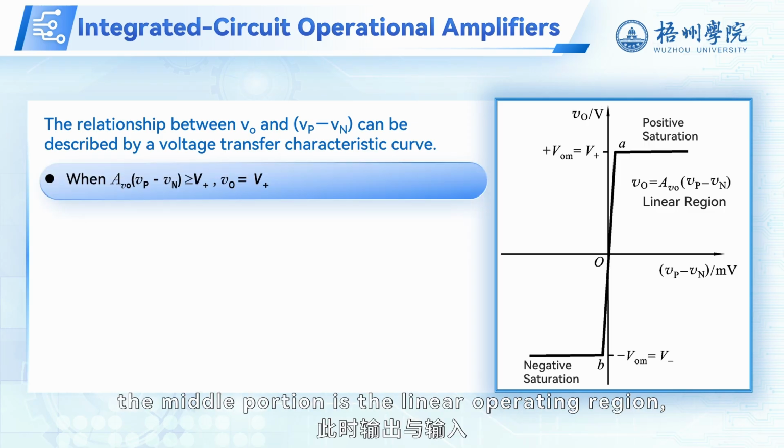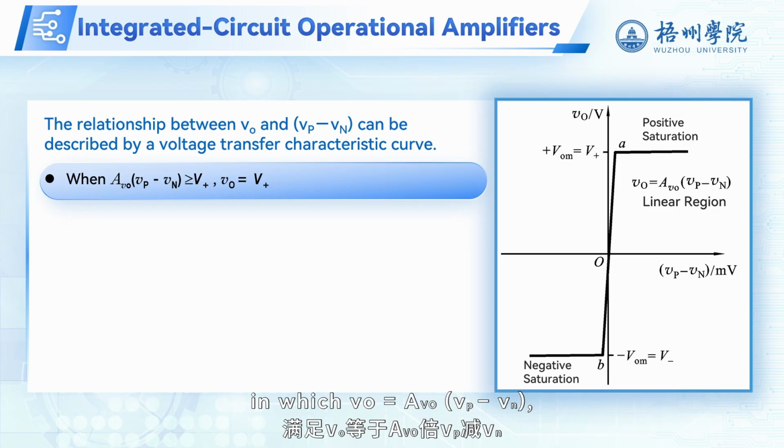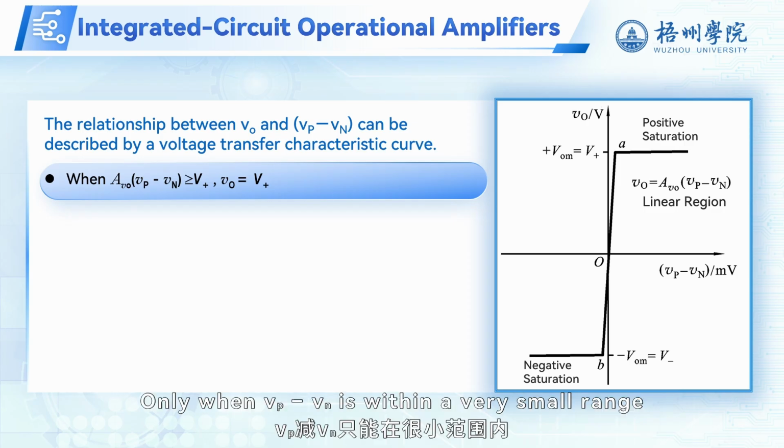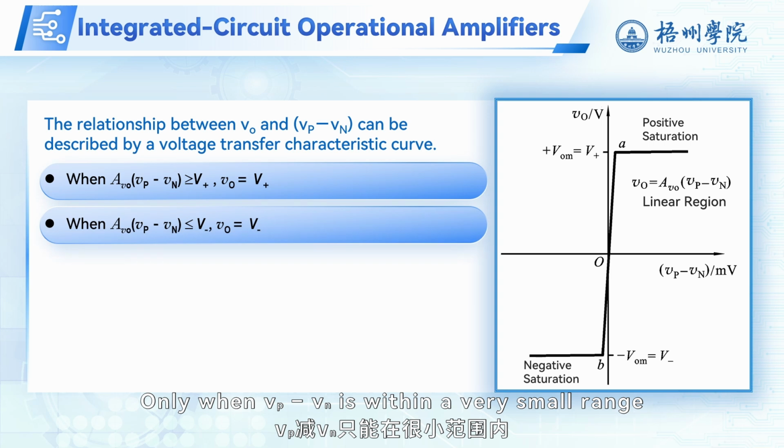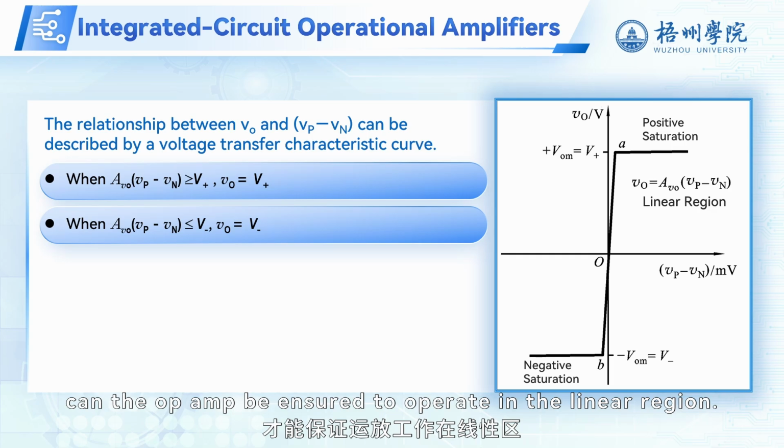The middle portion is the linear operating region, in which V_O equals A_VO times (V_P minus V_N), with the slope equal to A_VO. Only when V_P minus V_N is within a very small range can the op-amp be ensured to operate in the linear region.